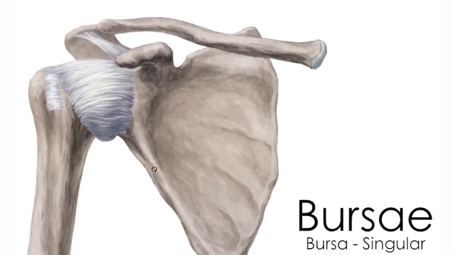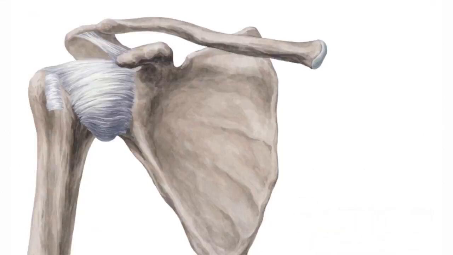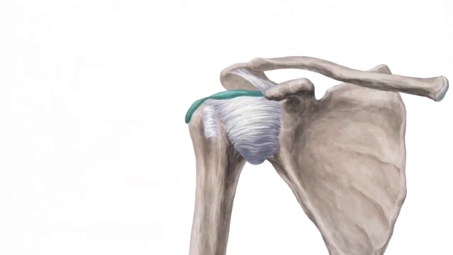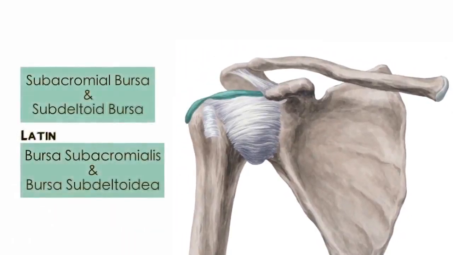Now in this tutorial I'm going to talk about 4 bursae. The first one you can see on this image. We're looking at it anteriorly, and I left some of the ligaments so you can see where you can find this bursa in relation to these structures. The first one is known as the subacromial and subdeltoid bursa, this green structure that you find here.